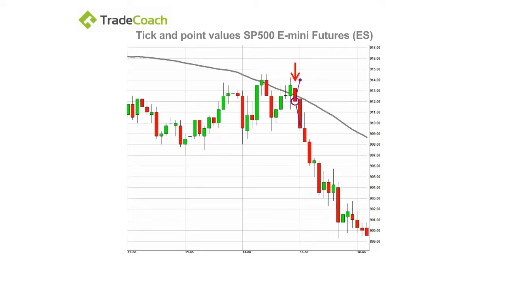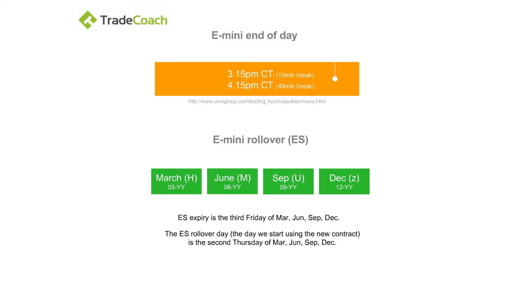Trading's not always about going long, which is intending to benefit from a rising market. The ES market allows you to enter short with the intention to benefit from a falling market for whatever reason, with a profit and stop. As intraday traders, our E-mini positions are normally closed out well before the 3:15 p.m. Central Standard Time market close.